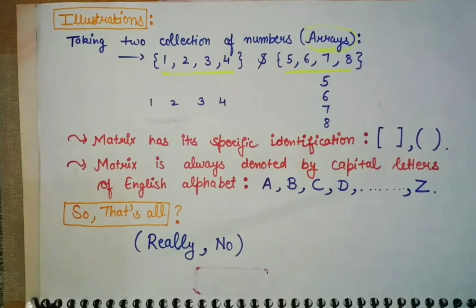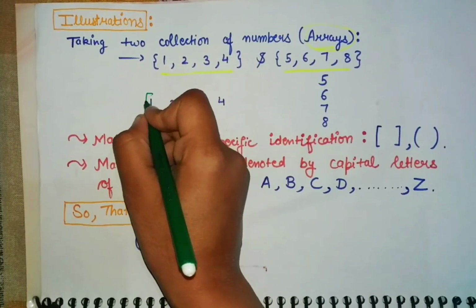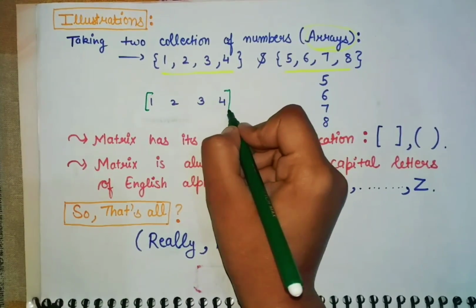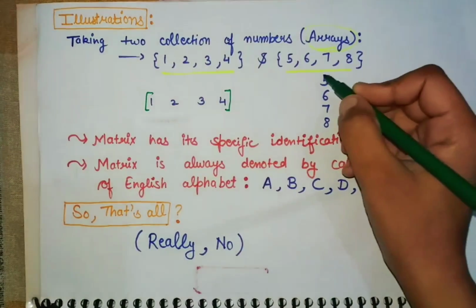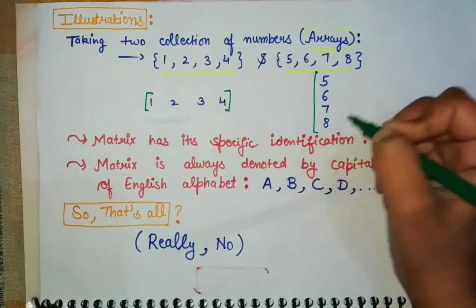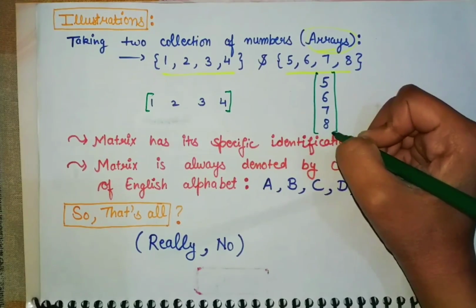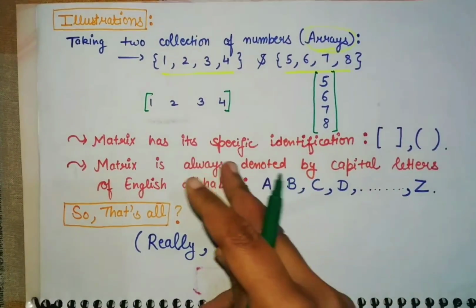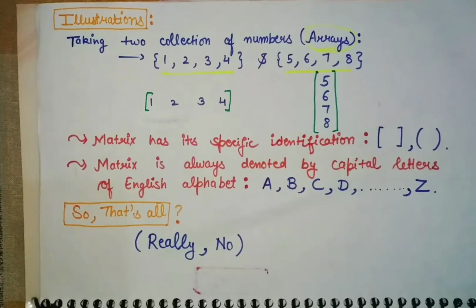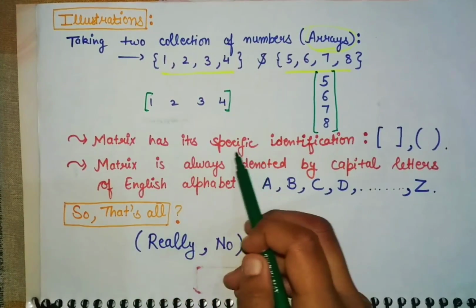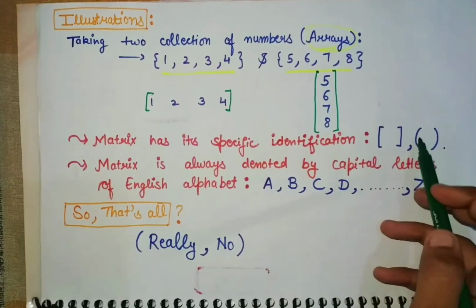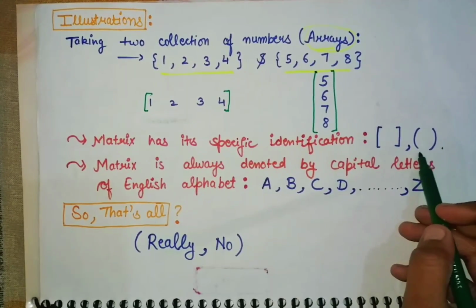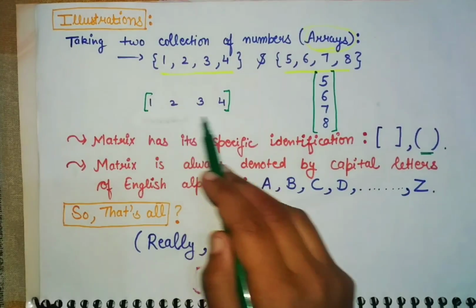We can simply construct a matrix by putting a brace at the starting and at the end of that particular row. Similarly, at the starting and at the end of the column. Yes, this is a matrix. See, a matrix has its specific identification by braces or parentheses. We can also use parentheses in place of braces.